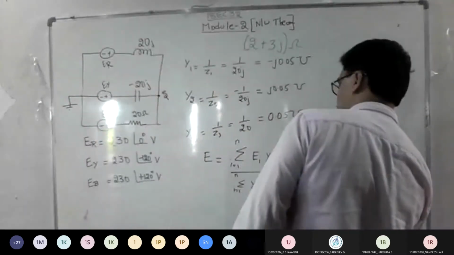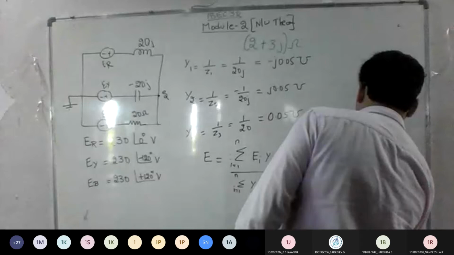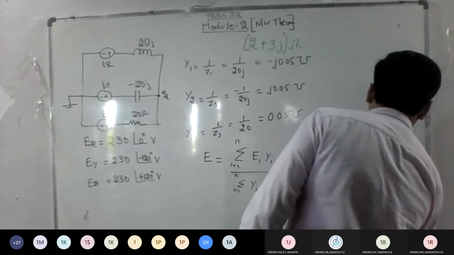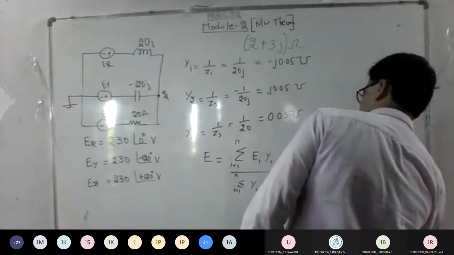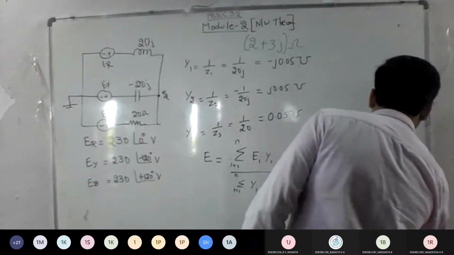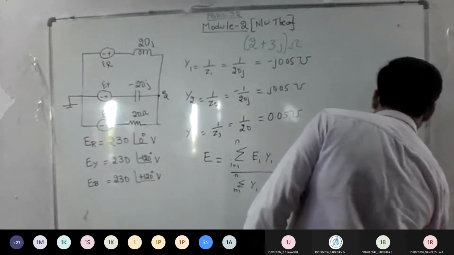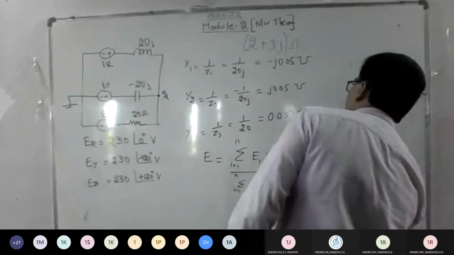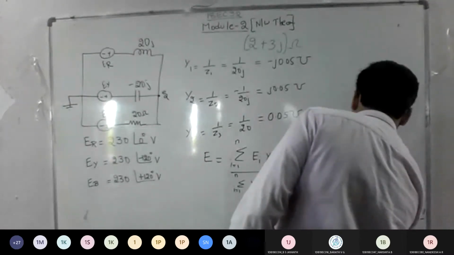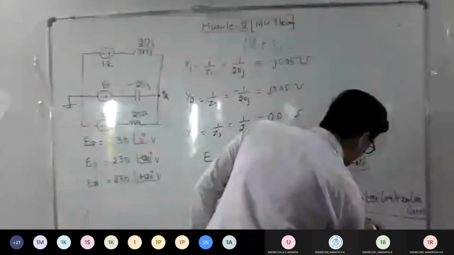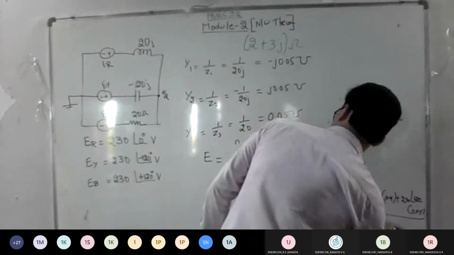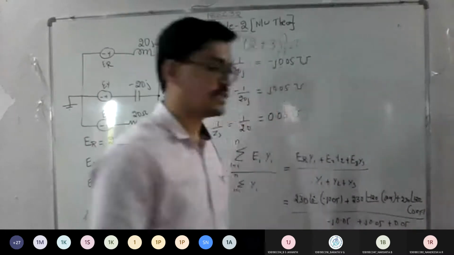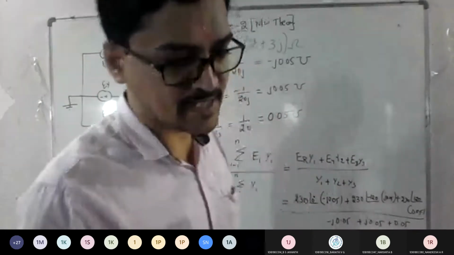Similarly, you can write all the values. 230 at an angle minus 120 into j0.05. And last, 230 at an angle 120 into 0.05. So whole divided by your minus j0.05 plus j0.05, and you'll be left with the plus j0.05 and minus j0.05 cancelled.